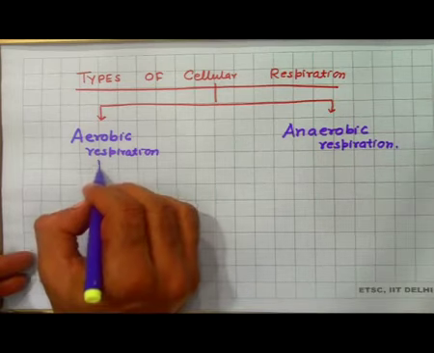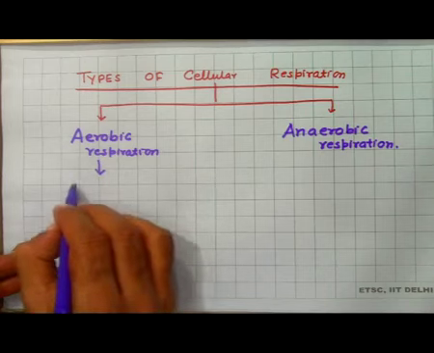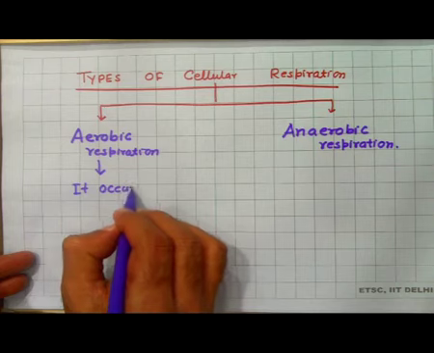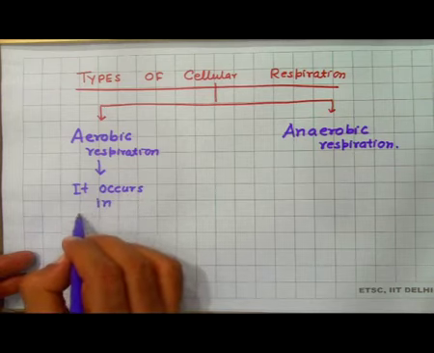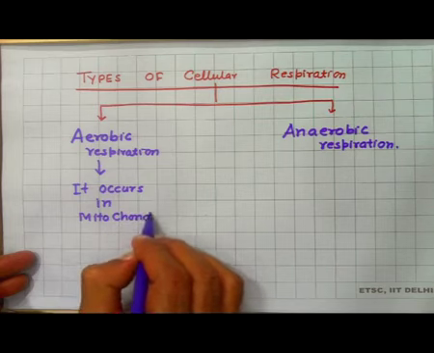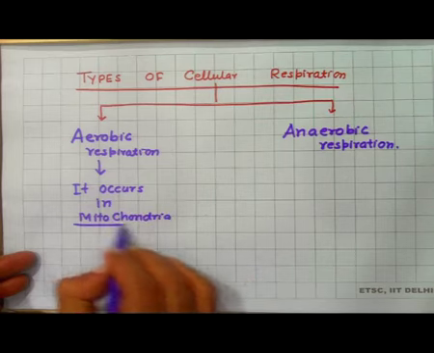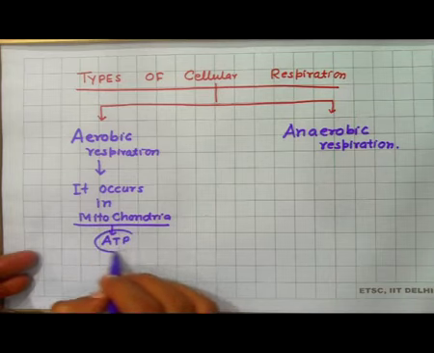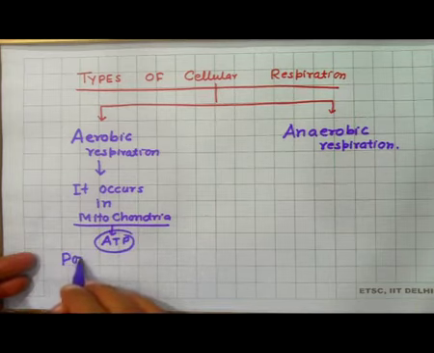Aerobic respiration, as we have discussed, occurs in the mitochondria, and ATP is formed. So, the mitochondria is called the powerhouse of the cell.